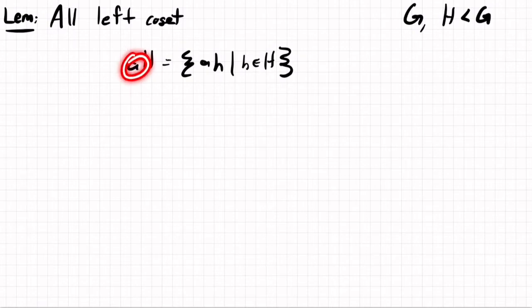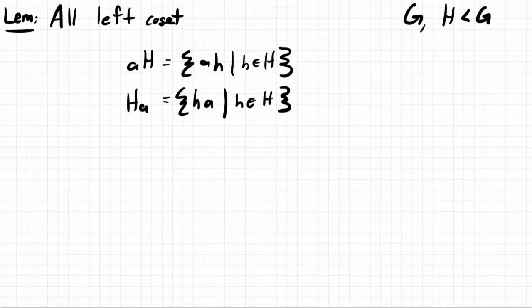So we could just as easily define Ha, a right coset, to be little h times a, for h in H. The reason I'd say left here is because the multiplication in the group might not be commutative. If it's an abelian group, these two are definitely the same thing. But if it's not, we don't necessarily know that.